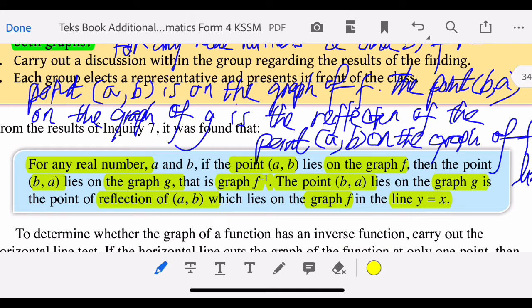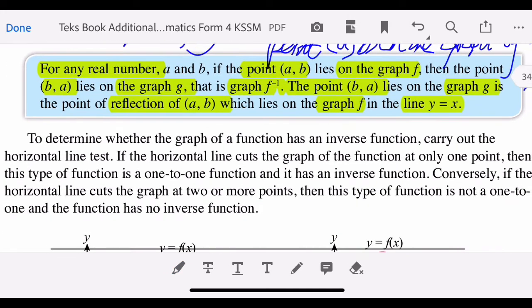Okay, this is a very important conjecture that you must understand.